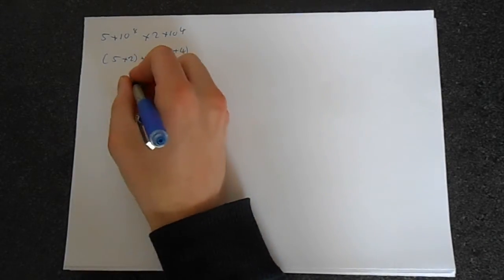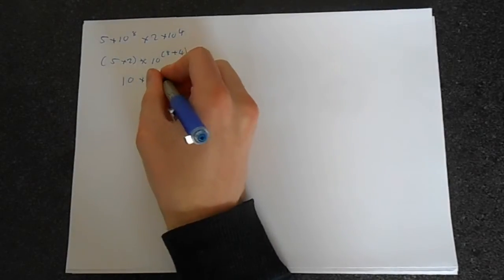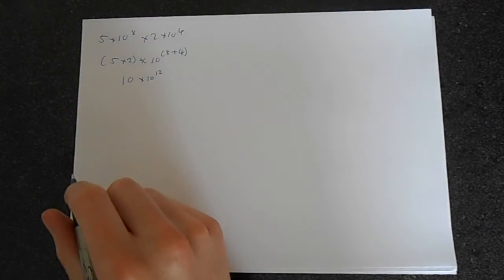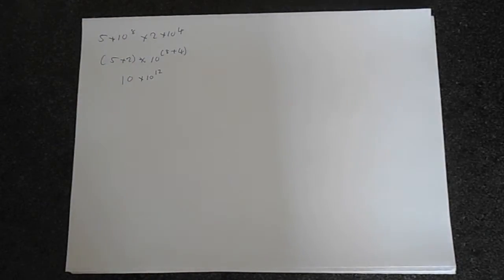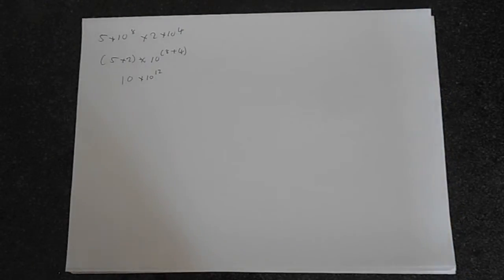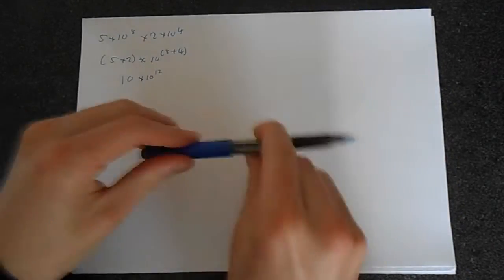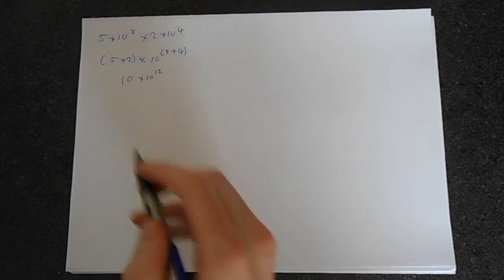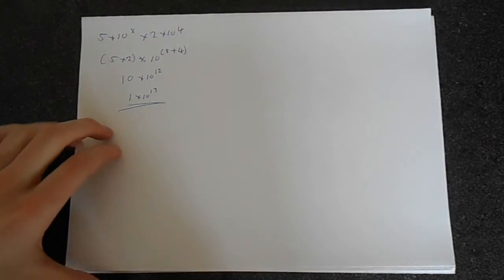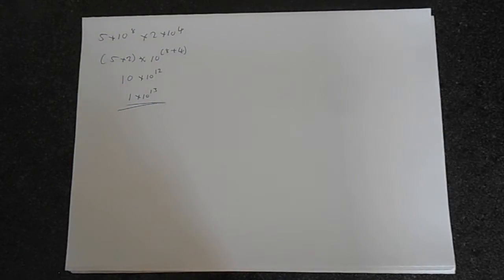So this is leaving you with 10 times 10 to the 12, and well, we're not allowed to do that because it has two digits before the dot. We can't have that. So we want to move it this way, and how do we do that? We add 1 to the power. So we're left with 1 times 10 to the power of 13. That is in scientific notation.